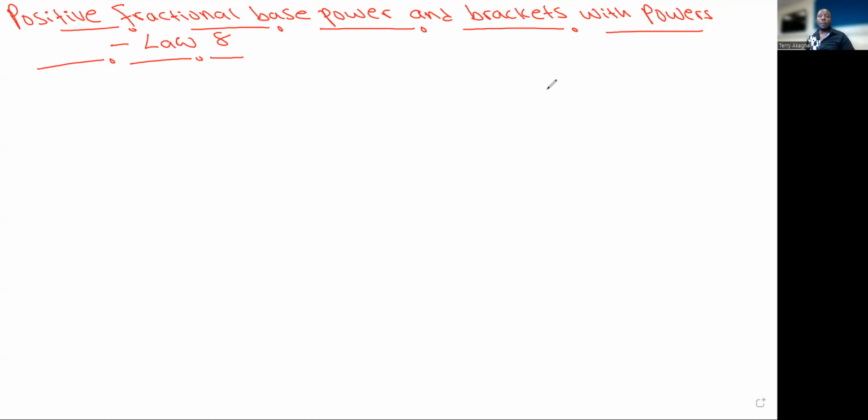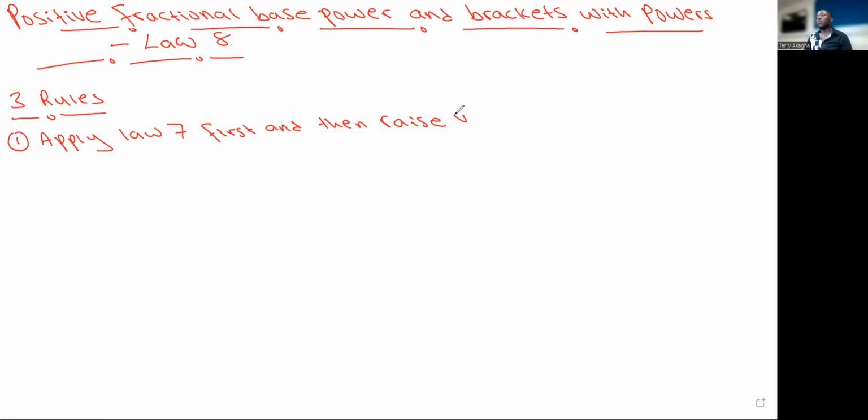So I'm going to go straight into this and let's see what we have. There are three things to do here when you are solving this question. The first thing is that you apply law 7 first, then you raise your answer to the power of n.